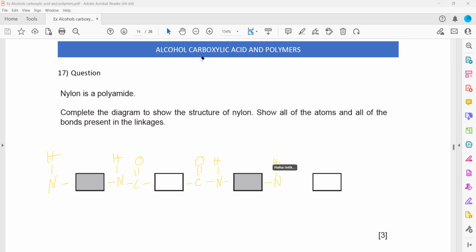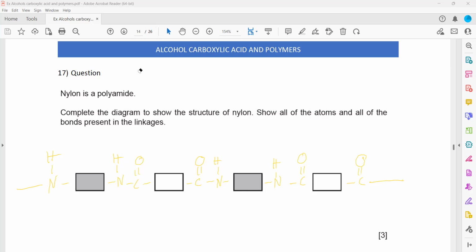Why? Because if we first start with amine, then acid, then amine, then acid. For example, if you start, we just need a linkage here.